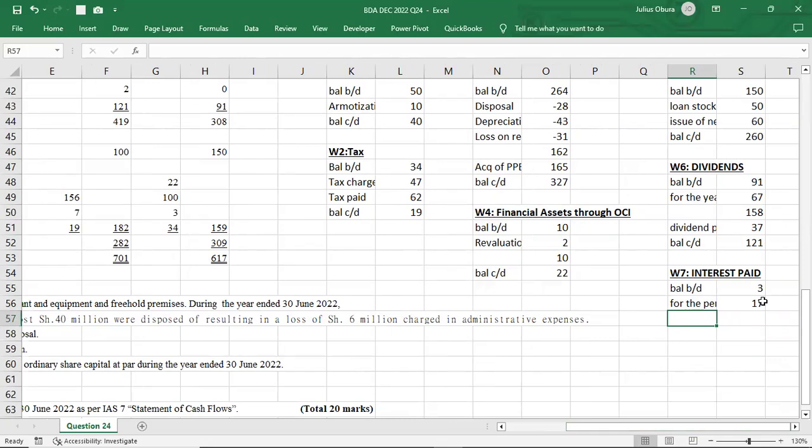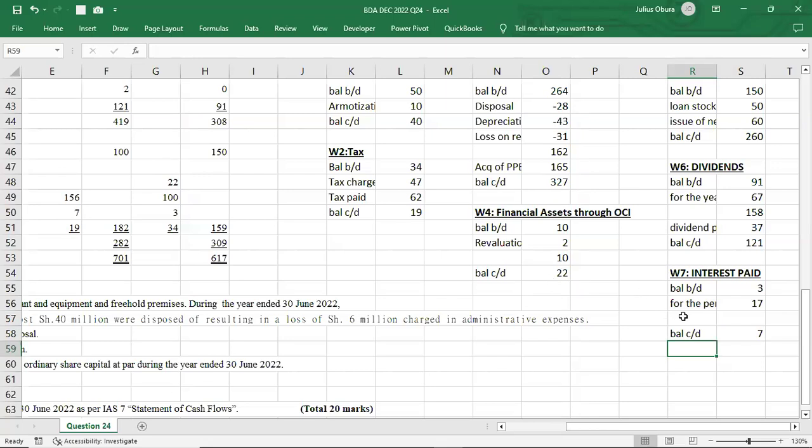So let's look at our balance carried down. Our balance carried down for the interest is 7. So we had 20, which we are supposed to close with, but we are closing with 7, which means we had reduced it by paying the interest.